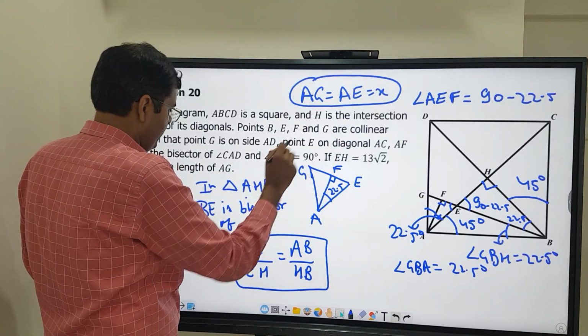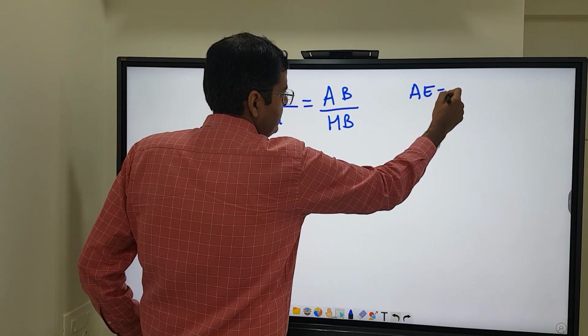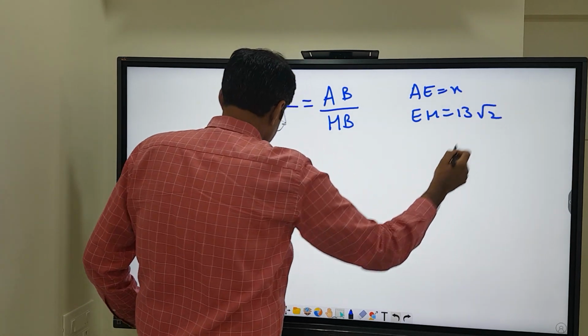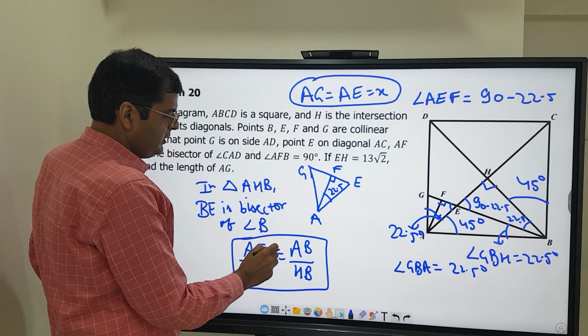Now AE is X, which is what we have to find, and EH is 13 root 2.